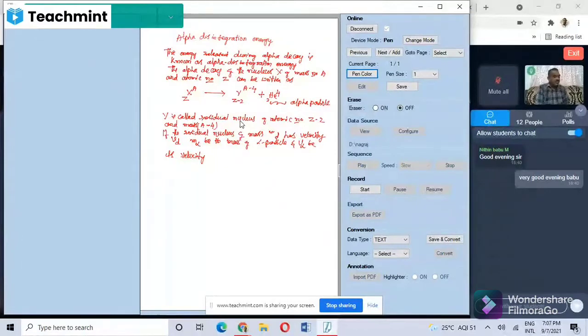So if you apply the law of conservation of momentum, it says the initial momentum is equal to the final momentum.